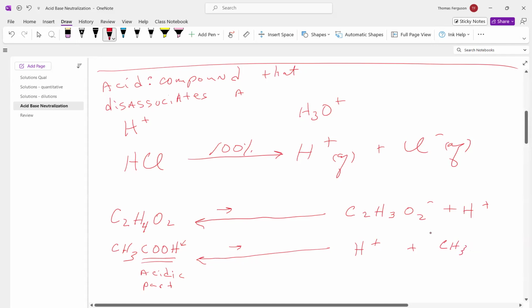This is the preferred way to write that. So weak acids have COOH.